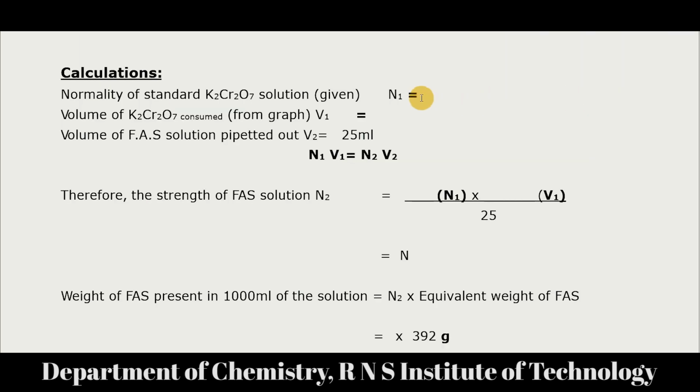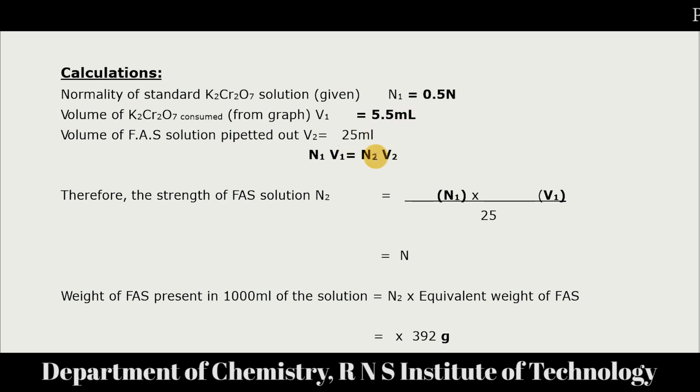Now let us do the calculation. Normality of standard K2Cr2O7 solution given in the laboratory is 0.5 normal. Volume of K2Cr2O7 consumed, from the graph we got 5.5 ml, and the volume of FAS solution pipetted is 25 ml.